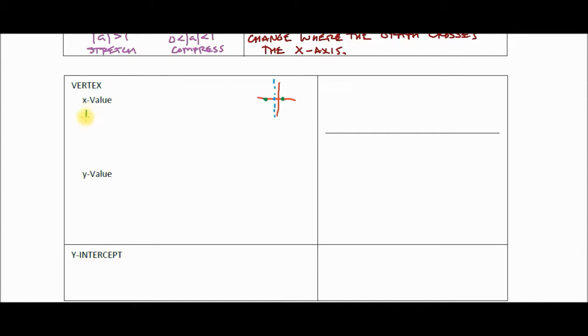All we do is add the x-intercepts together and divide by 2.